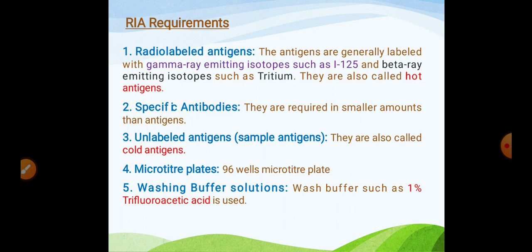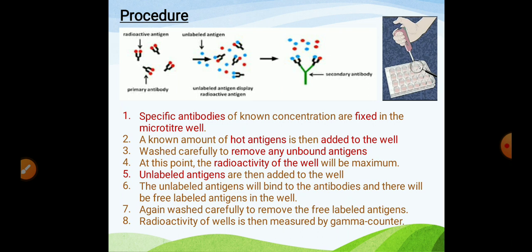Second is specific antibodies. Third is unlabeled antigen, like sample antigens, called cold antigens. Fourth is a microtiter plate, a 96 well plate, commonly called an ELISA plate. And fifth is washing buffer, which is 1% trifluoroacetic acid. And what are the procedures?